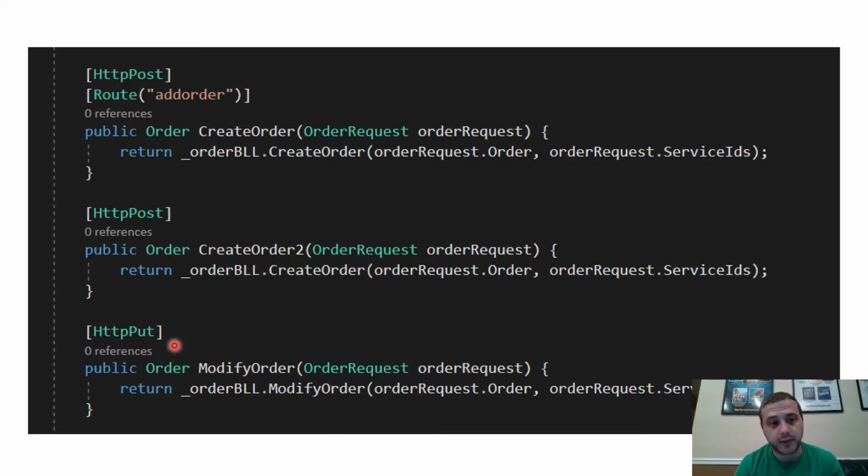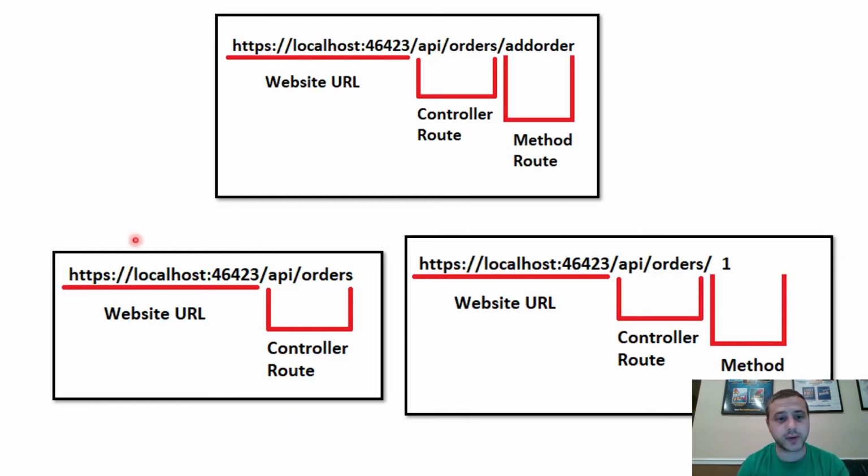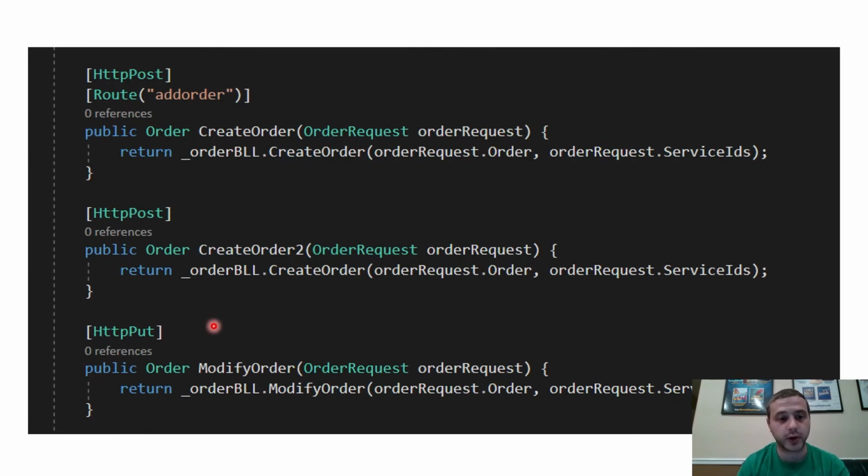I could add a route if I want here. I would have to specify it though. But anyway, if you send a request to this URL using a put request, it would execute this function, and it would modify the order, and it would just do business logic in the backend, and it will return an order.